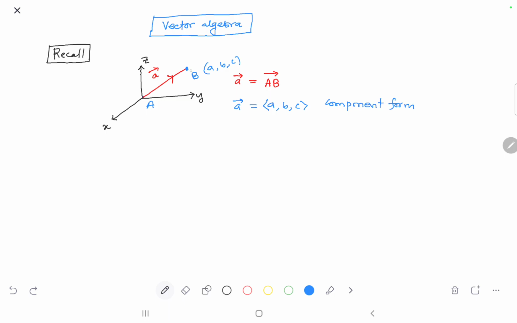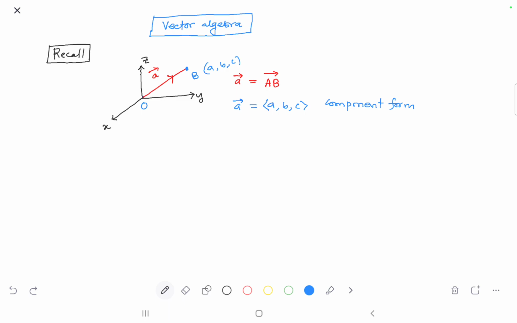So this is called the component form. Any point in space we can think of as a vector that starts from the origin O and ends at the point B. If B has coordinates a, b, c, then the vector in component form has three components a, b, c.